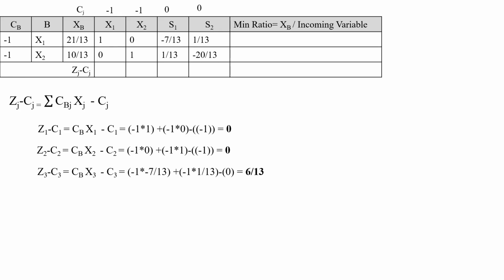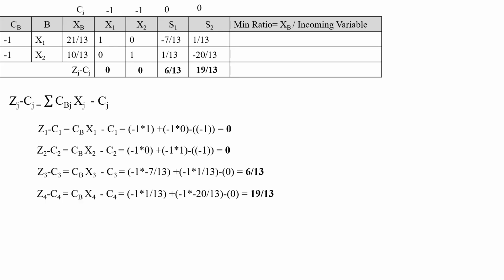Z3 minus C3 is minus 1 into minus 7 by 13 plus minus 1 into 1 by 13 minus of 0, it is 6 by 13. And next one is minus 1 into 1 by 13 plus minus 1 into minus 20 by 13 minus of 0, it is 19 by 13. So here the Zj minus Cj values are 0, 0, 6 by 13 and 19 by 13.